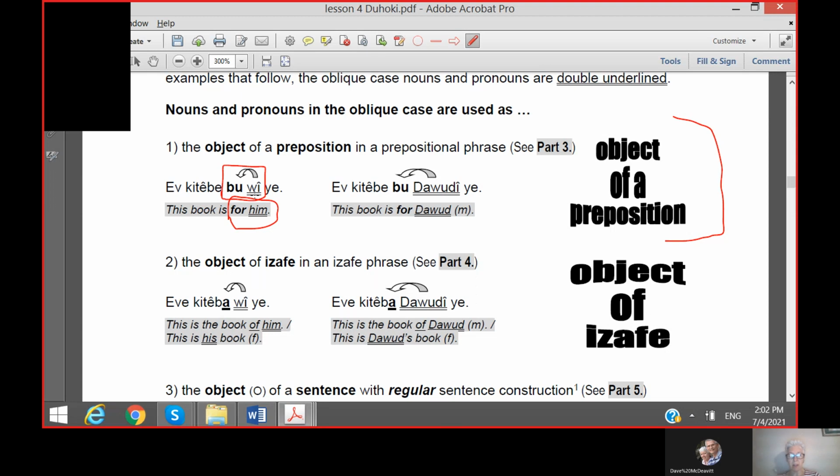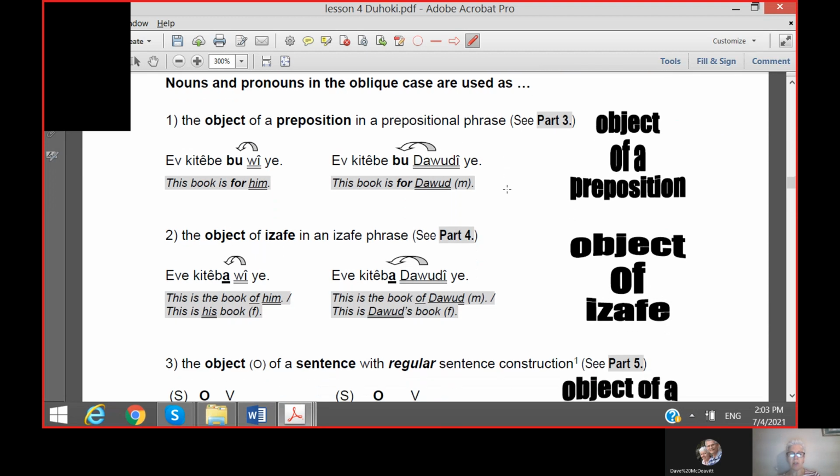Bu-we is correct because that's oblique. If you want to spell that out and say for Dawood, then you would say bu Dawoodi, and you have to have this ending on Dawood to make it oblique. We'll get to how to do this in a little bit. Right now, I'm just showing you the what.